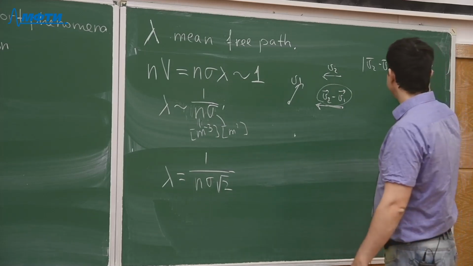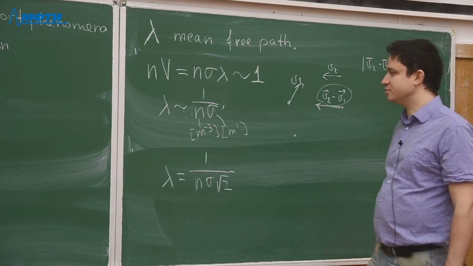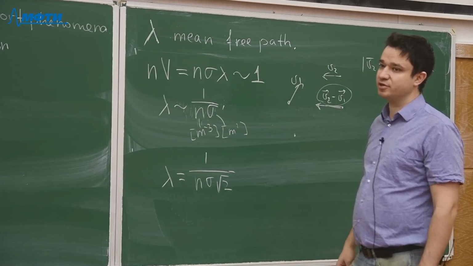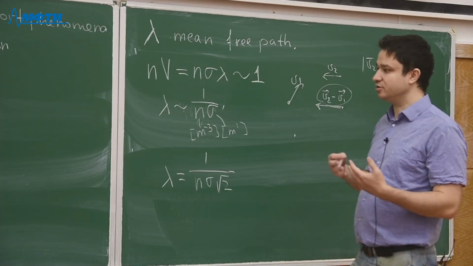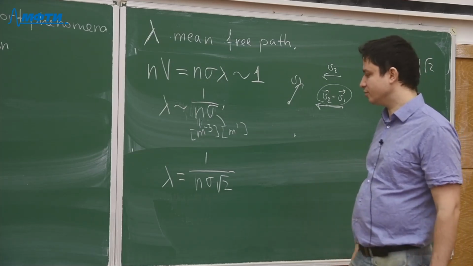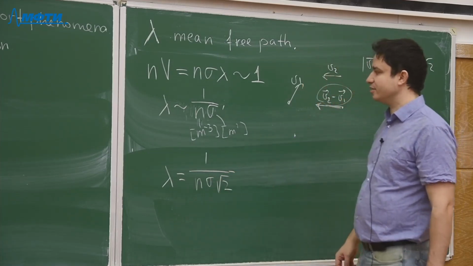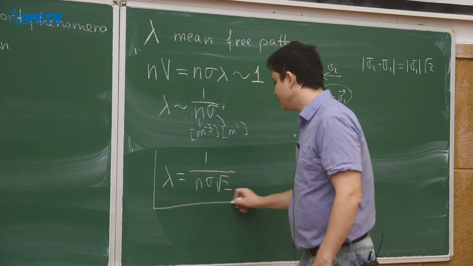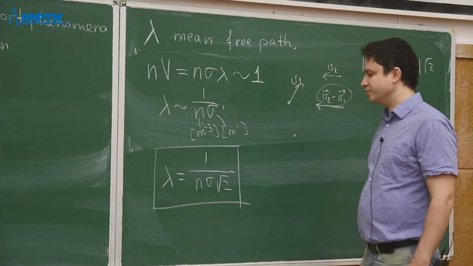So all of the velocities should be multiplied by square root of 2, and that means that the average time between collisions would decrease by square root of 2 with respect to the case when all the molecules are at rest, except for a single one. And that would lead to the decrease of the mean free path by square root of 2. So this is one of the first formulas we have derived here. Lambda is 1 over n sigma square root of 2.